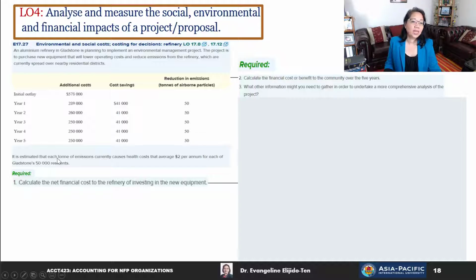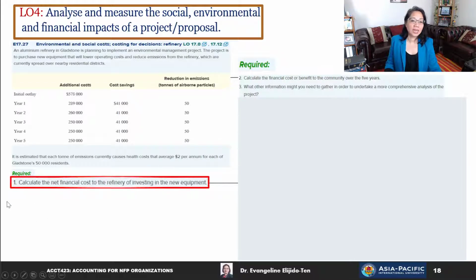It's also estimated that each ton of emissions currently causes health costs that average $2 per annum for each of Gladstone's 50,000 residents. So the first requirement is to calculate the net financial cost to the refinery of investing in this new equipment. We will ignore the time value of money for this particular analysis.